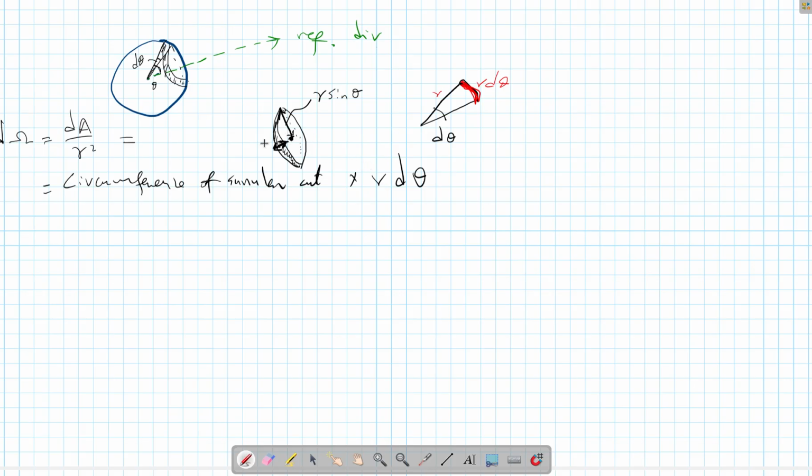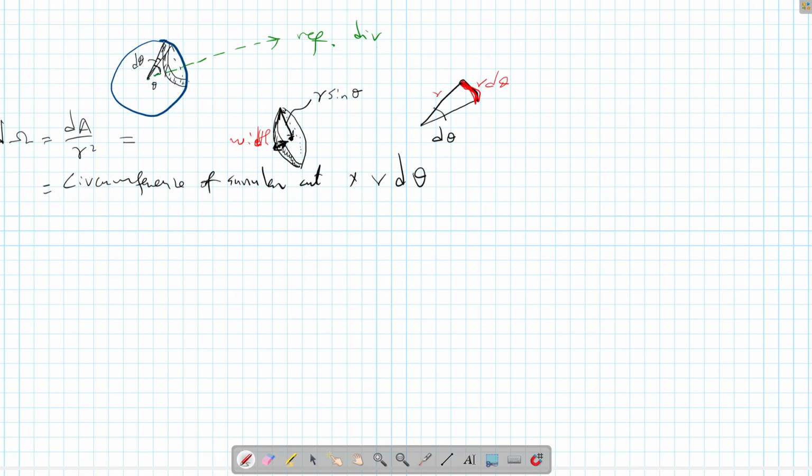And in order to compute the area of this annular cut, the area of the annular cut is going to be the circumference of the annular cut times the width of the annular cut. So the width is here, which is r d theta.